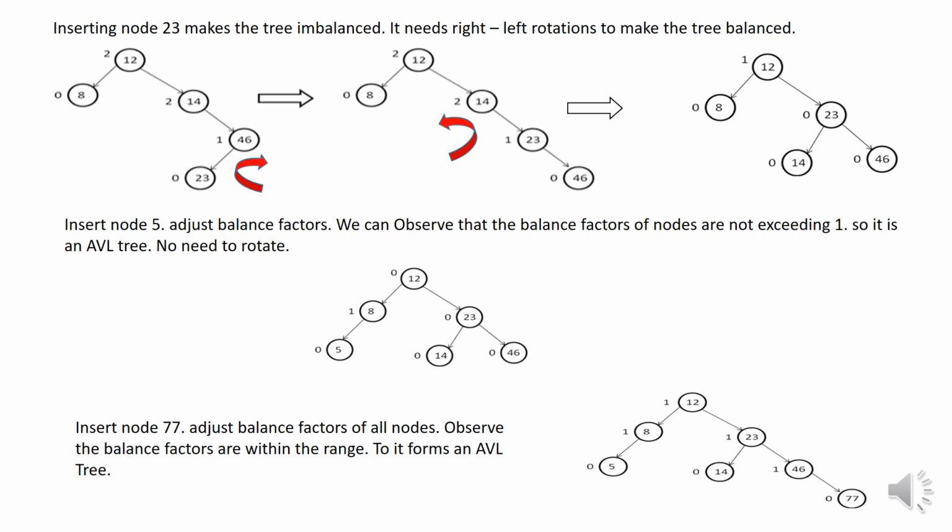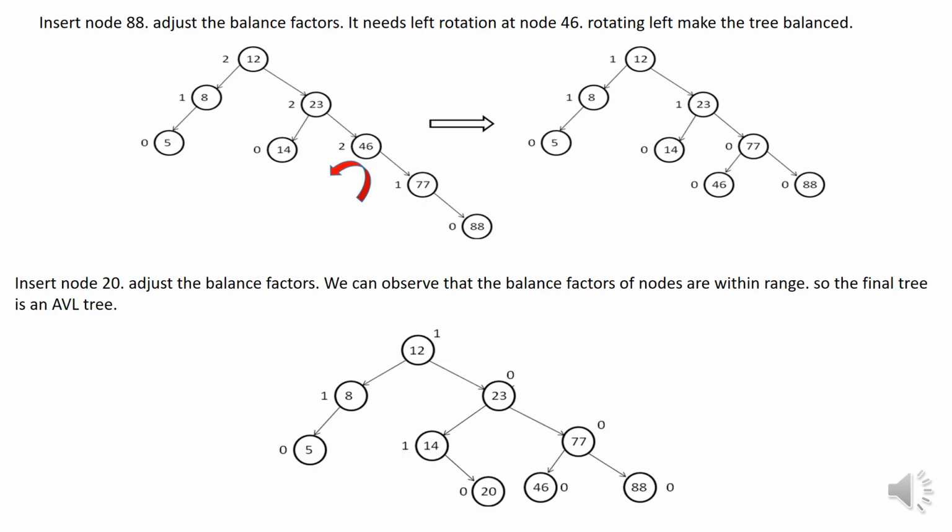Then insert node 77. After insertion, adjust balance factors of all nodes. Observe the balance factors are within the range. So it forms an AVL tree. No rotations are needed. Now insert node 88. After inserting 88, adjust balance factors. It needs a left rotation at node 46.